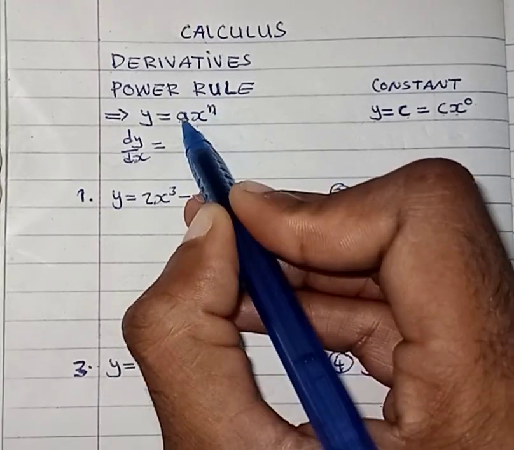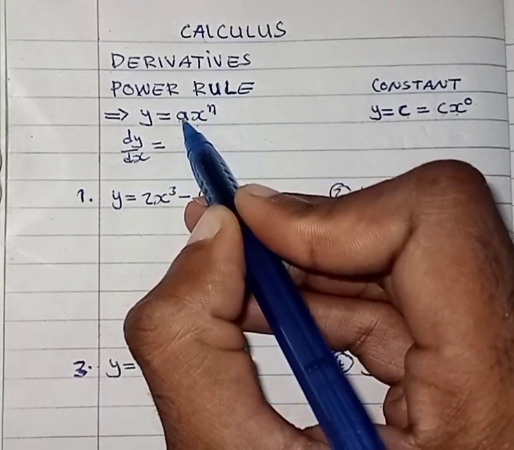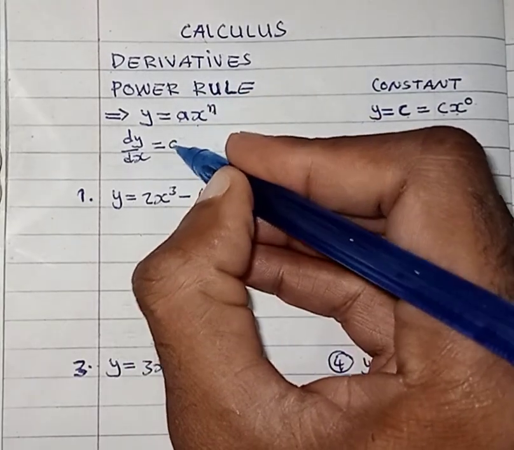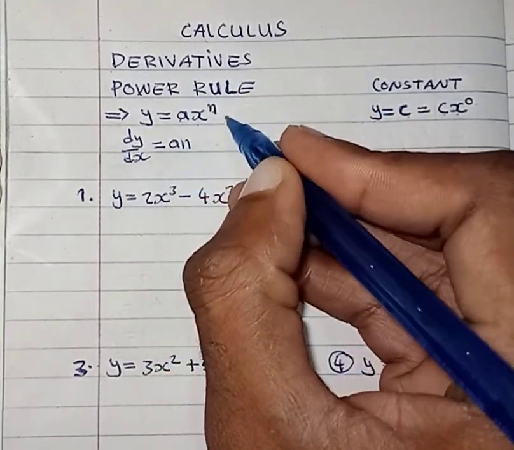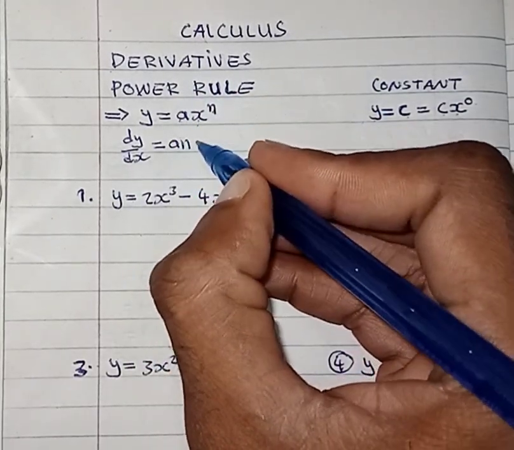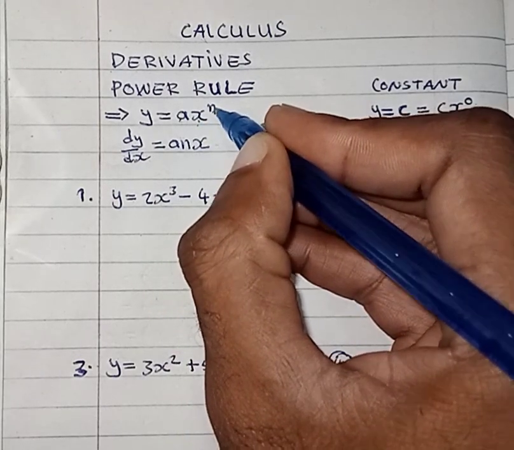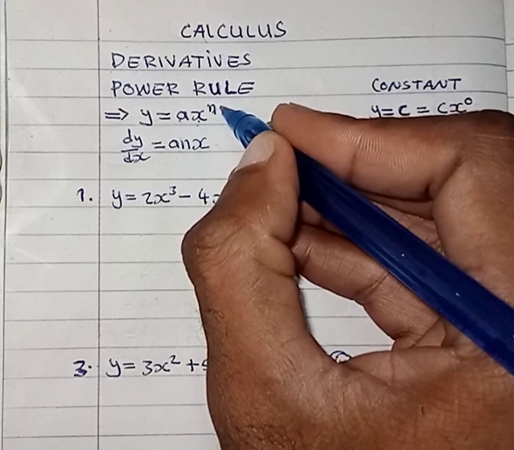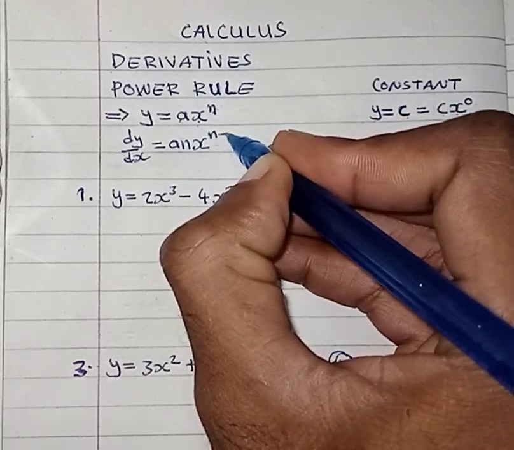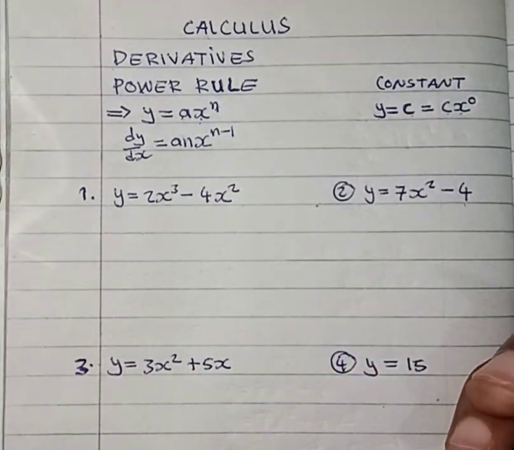You just multiply these two, n times a, so we get a n. Then you drop down this x, and you reduce this power by 1, so n minus 1.